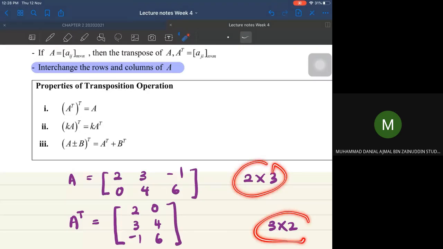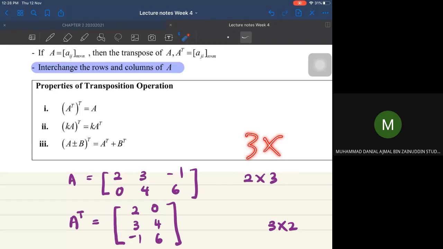Faham tak? Kalau you ada 3 by 3 matrix, kalau transpose pun dia tetap jadi 3 by 3 because that is a square matrix. Tapi kalau matrix awak dalam bentuk M by N, dia akan berubah. If your A order dia M by N, A transpose akan jadi N by M.